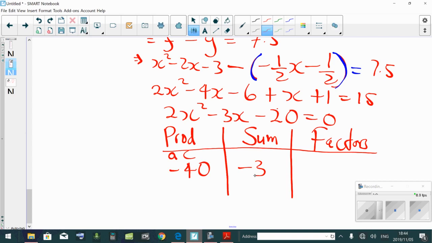So I'm looking for two numbers whose product is negative 40 and whose sum is negative 3. I can think of 8 and 5. For me to get negative 3, I'm going to give the bigger number the negative sign. Now if I multiply these two, I get negative 40. If I add them, I get negative 3.